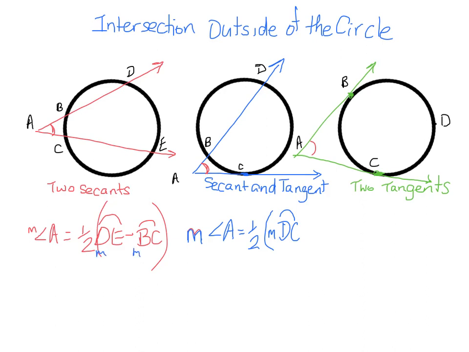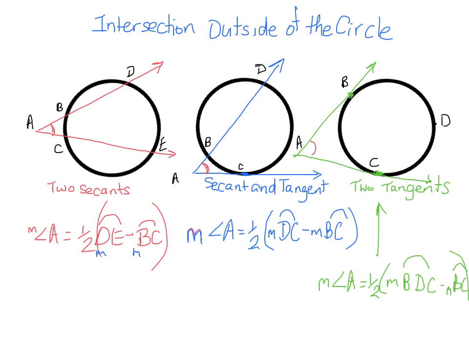We would do the same thing for the third one, so let's do that in green. For the third one, the measure of angle A is equal to half the measure of the big intercepted arc, BDC, not big arc, but major arc, minus the measure of the smaller intercepted arc, which is BC.